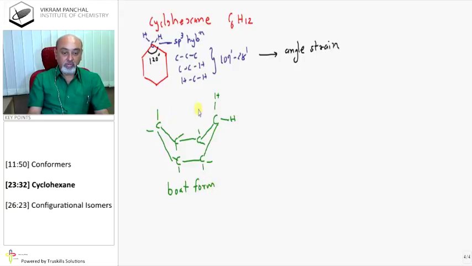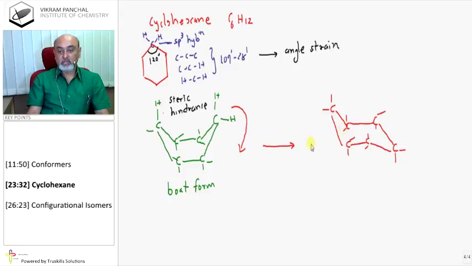Even the boat form is unstable because there will be steric hindrance between these two. And so transformation takes place, this group will move down and we have a new arrangement like this. It's like this. And this is known as the chair form.